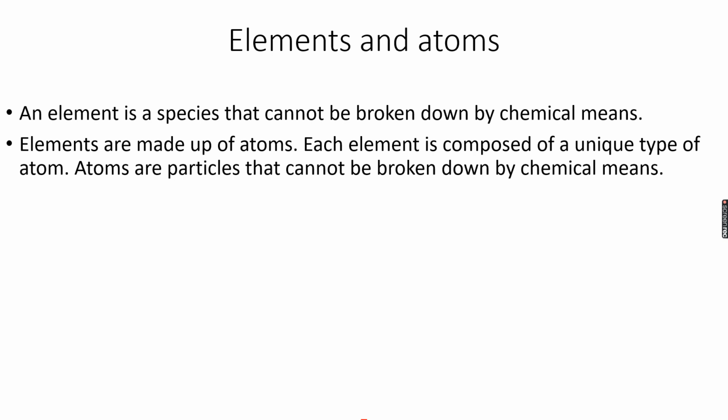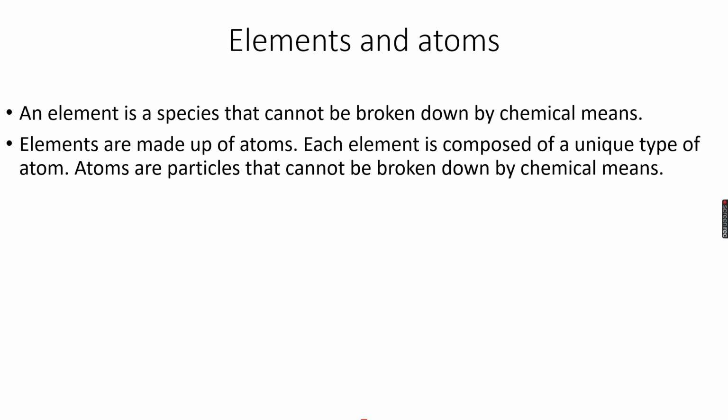And an element is made up of a particular type of atom. So an element is a species that is composed of a specific type of atom. So elements can also not be divided by chemical means because they consist of atoms, and since atoms cannot be divided by chemical means, elements cannot be divided by chemical means. So they cannot be broken down by chemical means.